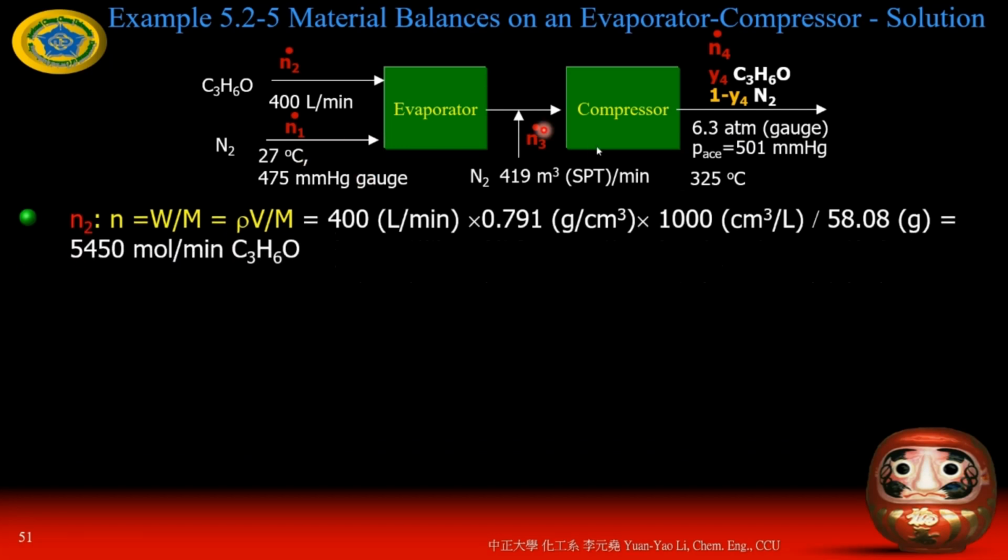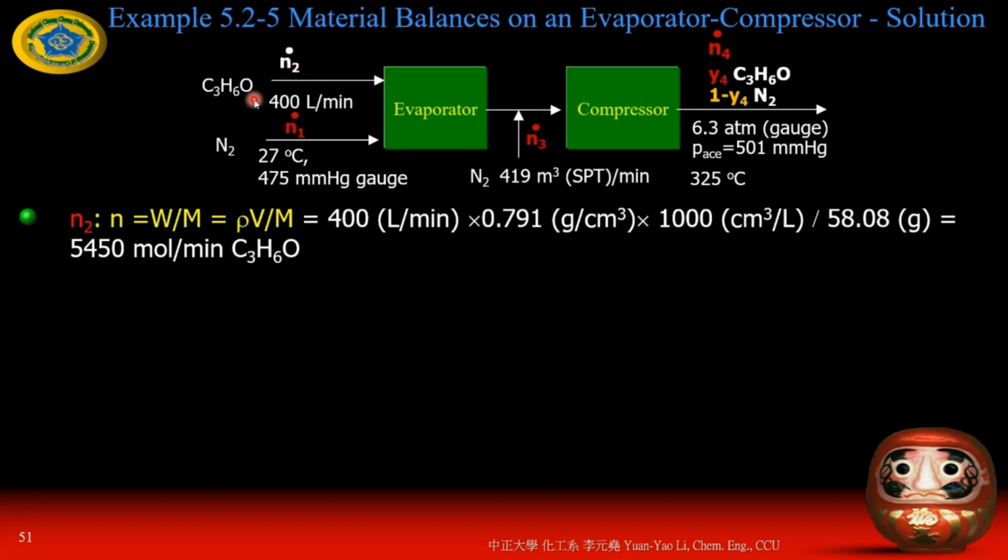Okay, so specification and specification. So N2 here, can you get this number? Yes, you can, because this is acetone. As long as you know the liter and you know the density, you can get the moles.